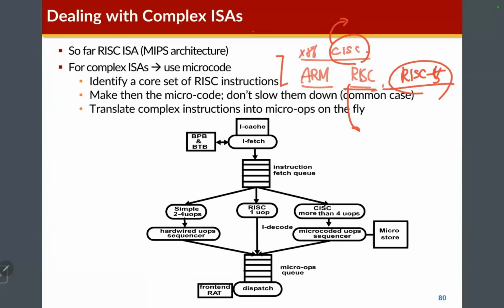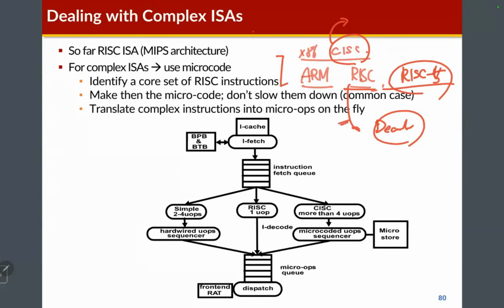What's the benefit of the simple instruction set architecture? The benefit is that the hardware decoder of this processor becomes simpler, so the architecture of the processor can be simpler.